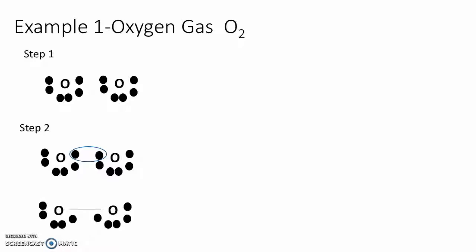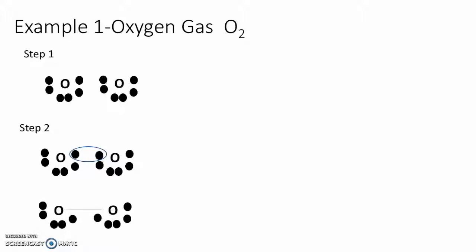Now, step 3, which we said was checking the octet rule. Is the octet rule fulfilled for each of the atoms here? Well, if you look at the oxygen on the left, it's got 5 electrons around, plus 1 bond. And we said 1 bond is 2 electrons.